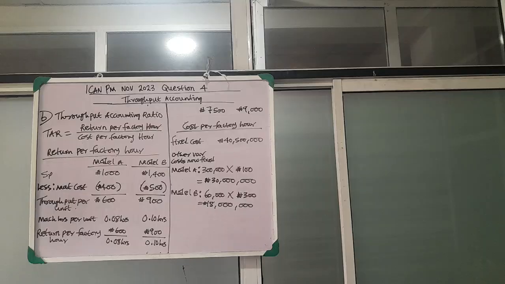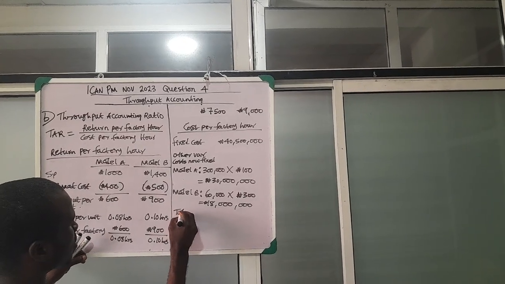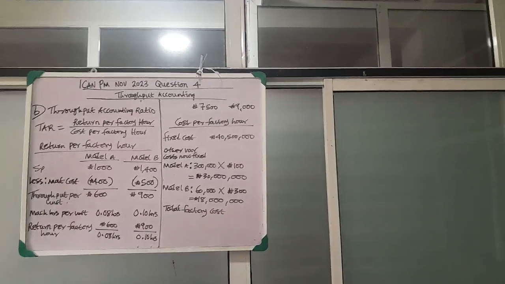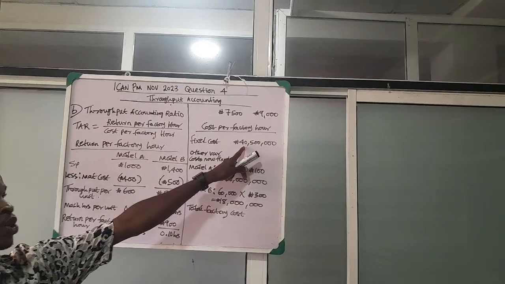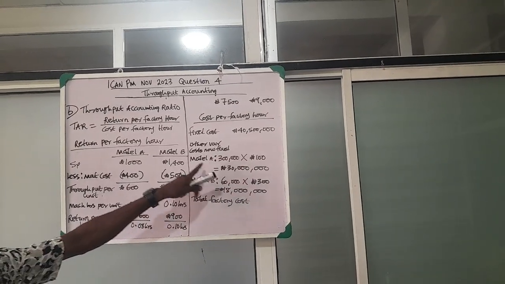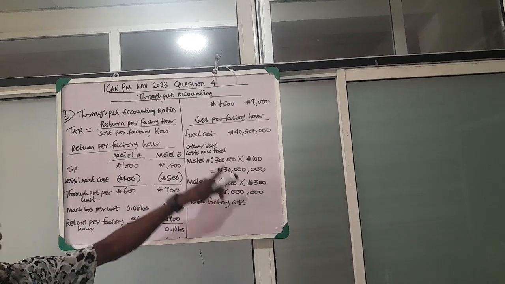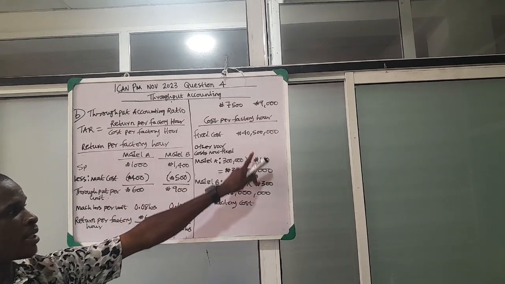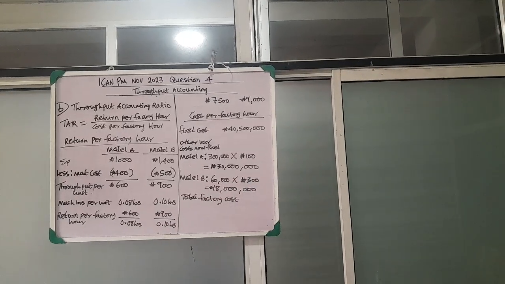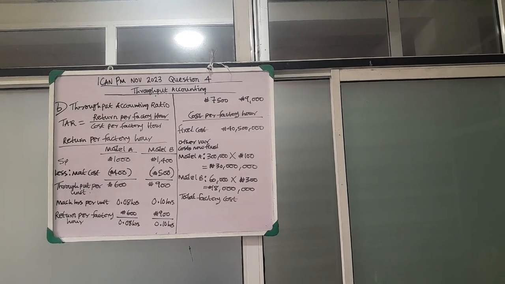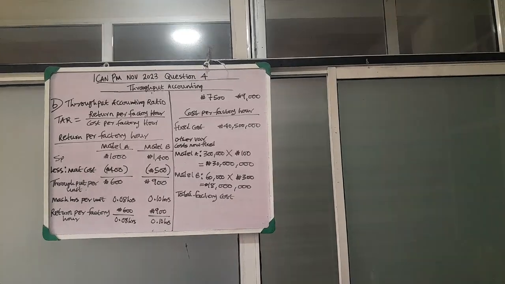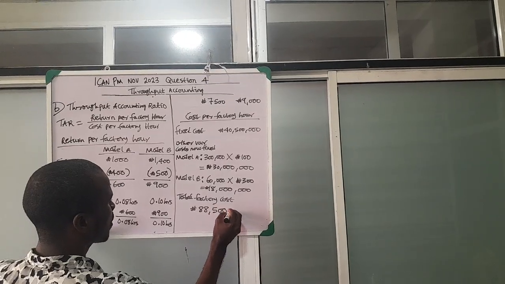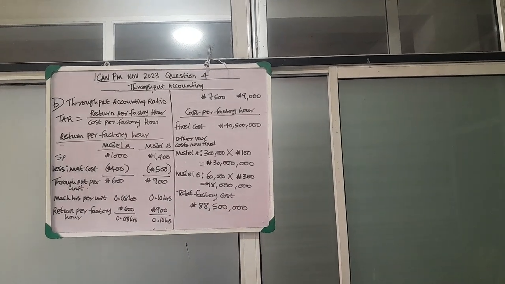That will give us the total factory cost. Total factory cost is the addition of the fixed cost which was given in the equation, 40,500,000, plus the other costs that were initially variable but now considered fixed. So 40,500,000 plus 30 million plus 18 million gives us 88,500,000. That is the total factory cost.